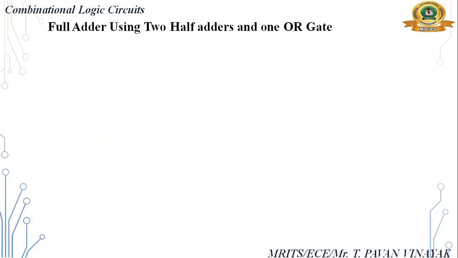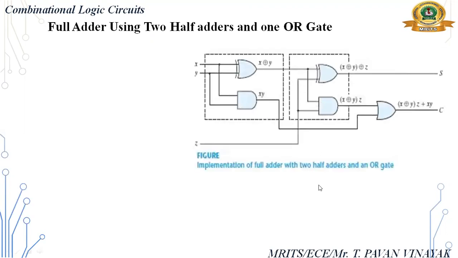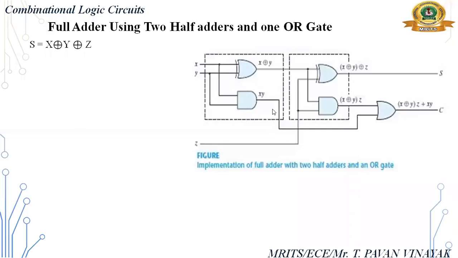Now, full adder using two half adders. See, this is the circuit. This is one half adder, so the sum equation and carry equation you get like this. So observe here. This is one half adder.